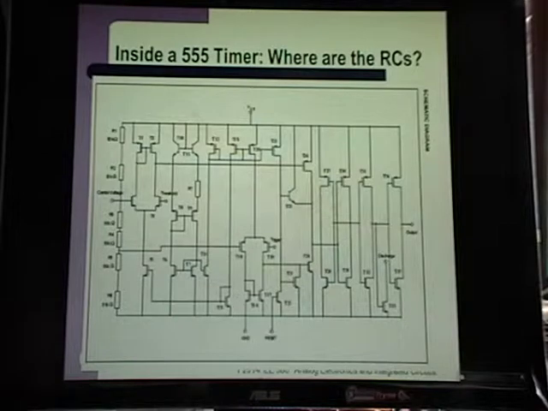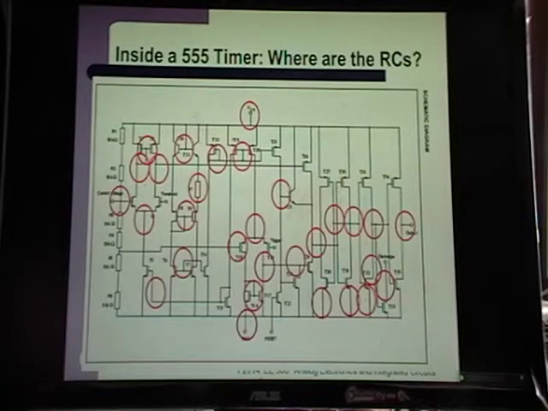I'm not giving you a great lead into this, but what I'm trying to say is that the R's and C's occur in every place. I took this circuit and circled all the places where I saw some R and C, in other words, something that's going to make up either a low-pass filter or a high-pass filter, and came up with that.